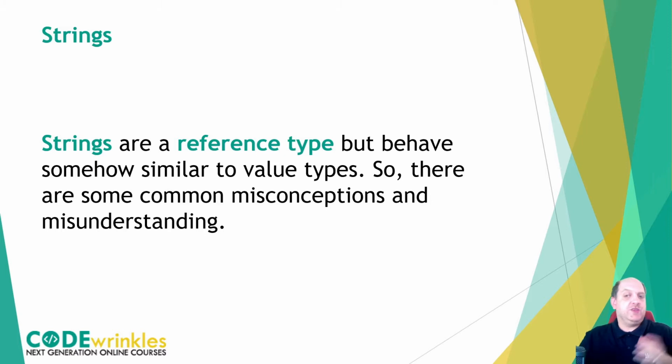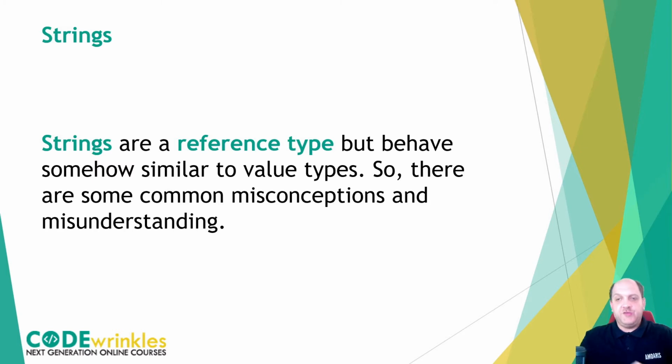You just have this keyword string that you would use, and well, everything should be fine. It's really, really similar. You provide a string and that's it. But this is actually not true. And the fact that they might seem similar at the beginning from the syntax perspective is really something that is leading you in a totally wrong direction. So once again, strings are reference types, not value types.